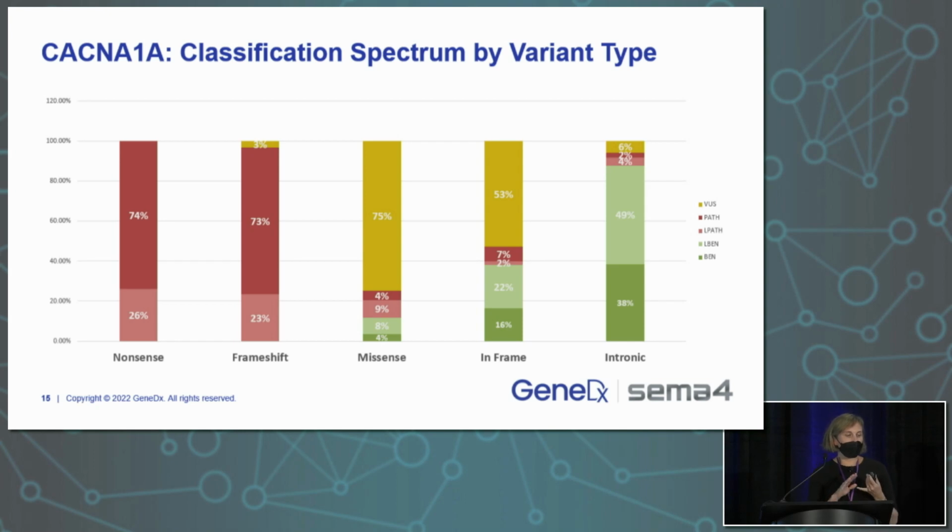Remember that the nonsense and frame shift variants are predicted to have a big impact on protein function. So they almost always are classified as pathogenic or likely pathogenic just because of the type of variant that they are and the effect that they're expected to have on the protein. We do have about 3% of frame shift variants that are of uncertain significance.